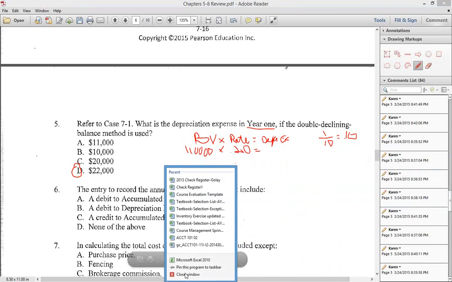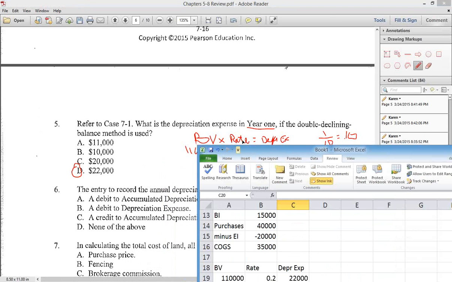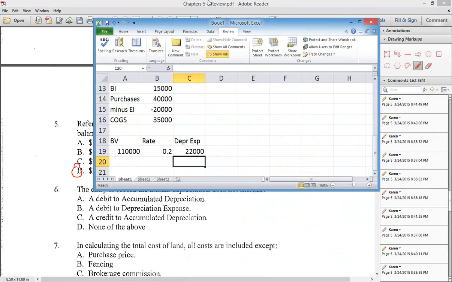But let me show you, since I don't know if you have the gist of how this works just yet. My year one entry would be depreciation expense, because expenses increase on the debit side. That would be my debit.